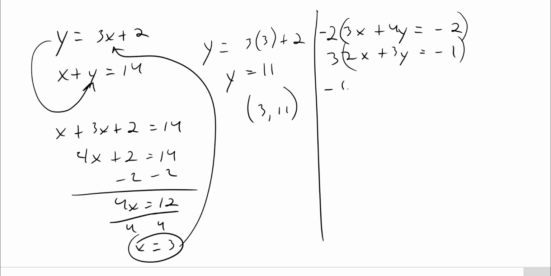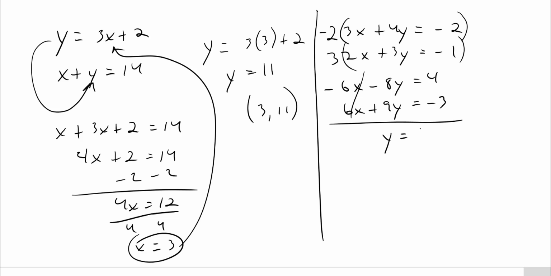So if I do that, I get negative 6x minus 8y is equal to 4, and positive 6x plus 9y is equal to negative 3. Okay, so that cancels, and we get y is equal to 1. So that's cool. Then I take that and plug it into one of the first two equations. It doesn't matter which one. So I'm going to plug it into the second one because it has smaller numbers.